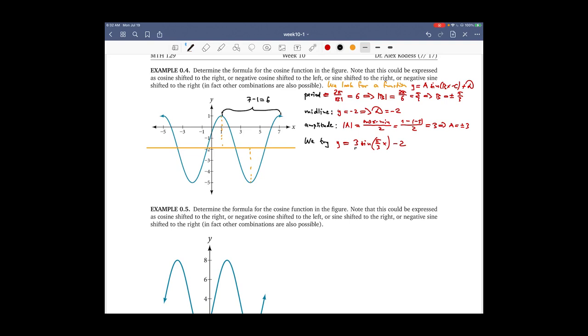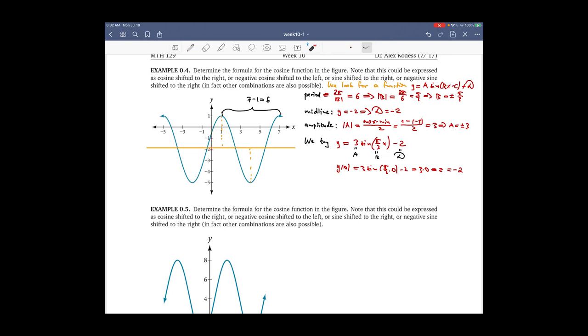So here 3 is A, pi over 3 is B, and negative 2 is D. But we clearly see that this will not be the right answer because, for instance, y at 0 is 3 sine pi over 3 times 0 minus 2. Sine of 0 is 0. And so the value at 0 is negative 2. But in our situation, the value at 0 is not negative 2.